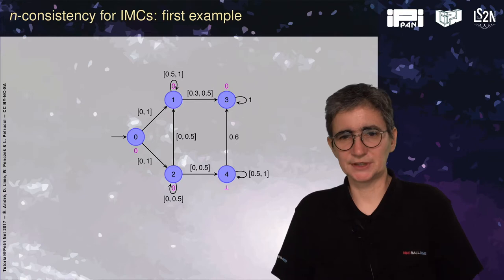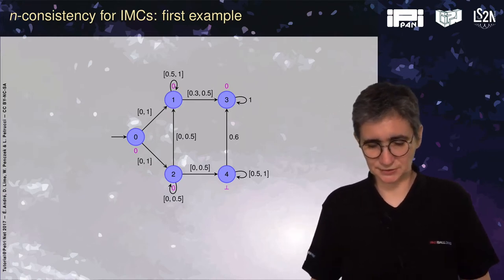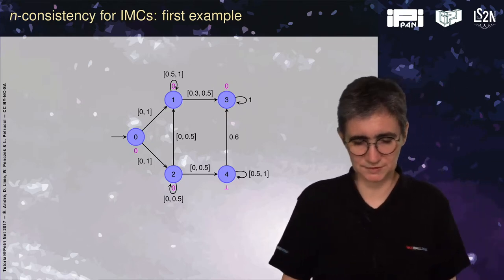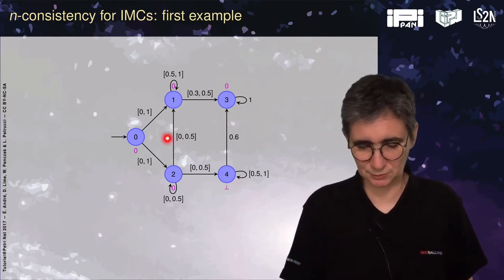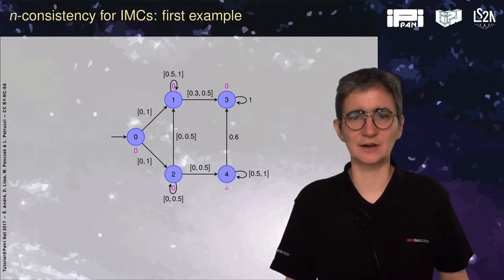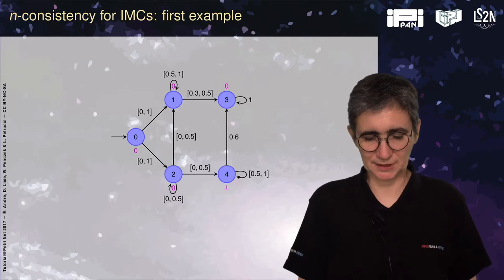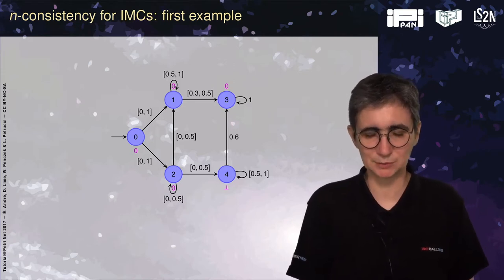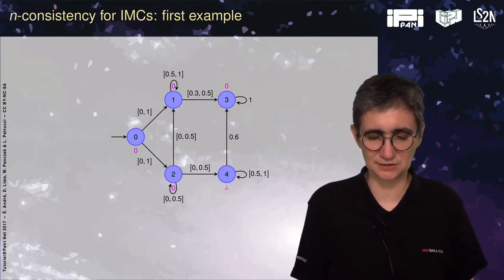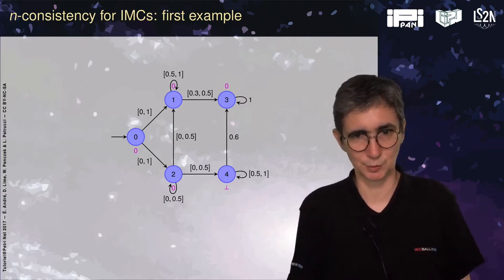This example is the same as the one we had before, and we can notice that for all states 0, 1, 2, and 3, all these states are zero consistent. Indeed, for each of them, I can find a probability within the exiting intervals such that the sum adds up to 1.